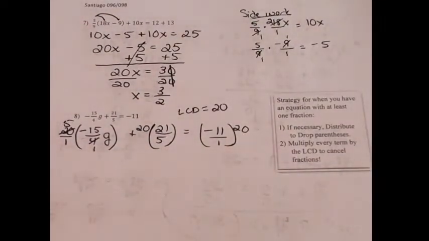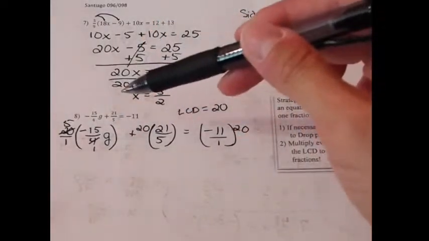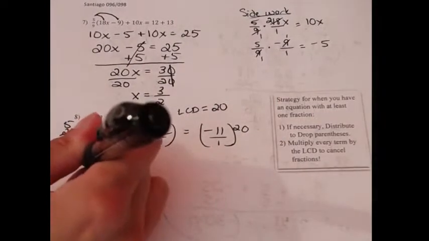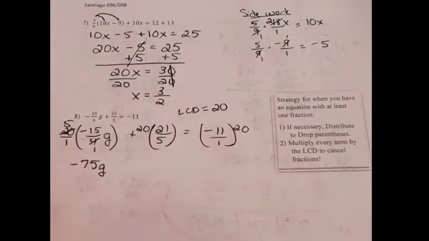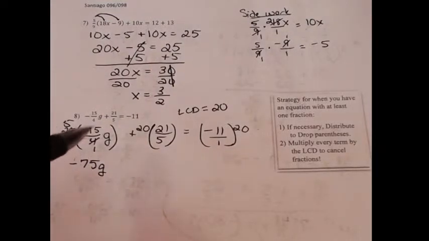So far, so good. I'm going to then notice here that this says 5 times a negative 15. So 5 times a negative 15g is going to give me negative 75g. The cool thing here is to note that they're both over a 1. So negative 75 over 1 is just a negative 75. So negative 75g.